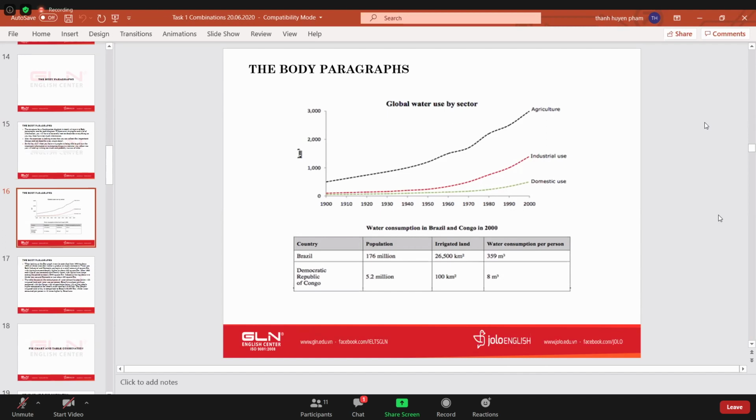So the obvious numbers would be in the year 1900 and at the end, the year 2000. And if we can do some comparison of those numbers, then that could help you improve your band score.